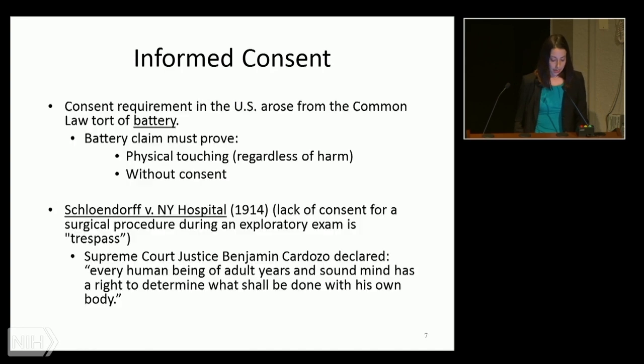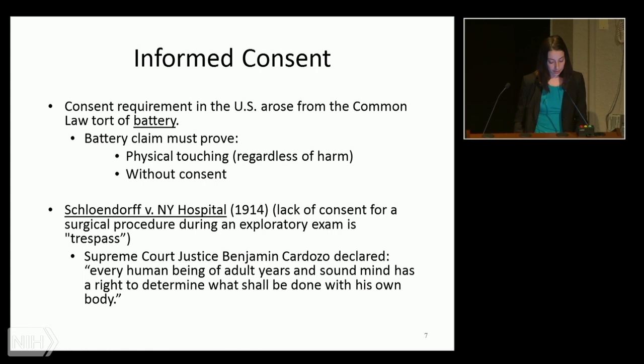The law began, in terms of informed consent, looking at it as an issue of a battery claim. So in the law for battery, you have to prove physical touching regardless of harm without consent. And one of the first cases known for considering these types of informed consent issues, but as a battery concept, was the one I have on this slide before you.